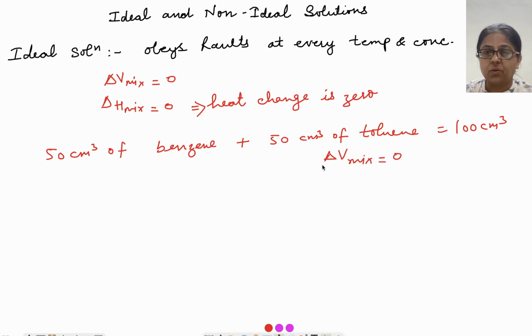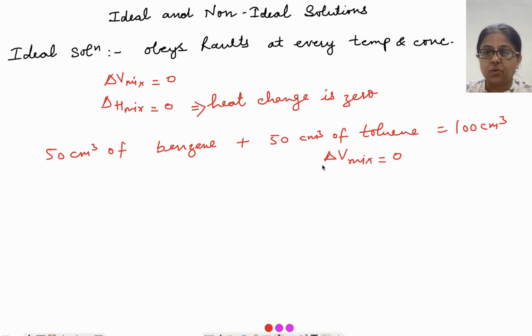They will show higher vapor pressure. See, this is the pressure due to PB, this one is due to PA, and this is the total vapor pressure of the solution in case of a non-ideal solution which shows positive deviation from Raoult's law.